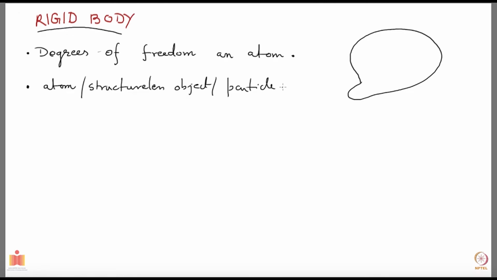Now whether you should treat your atom as a particle or as something made up of a nucleus and an electron, or something with more details regarding its nuclear structure, depends on what you are looking at. It depends on the scale at which you are doing physics.